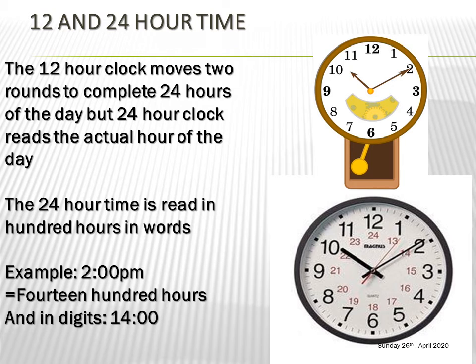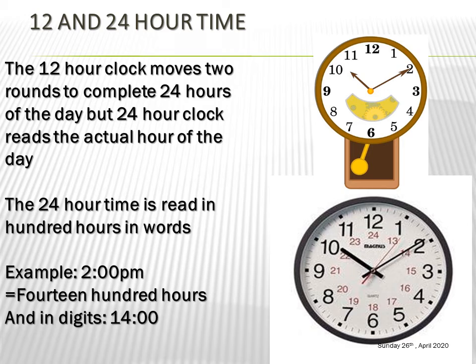Now the 24-hour time reads in hundred hours in words. For example, when it is 2 p.m., what time will it be on the 24-hour clock? The 12-hour clock is saying 2 p.m. That means it's on the second round of 12s for the day. It has completed the first round and now it is on the second round by 2 hours.